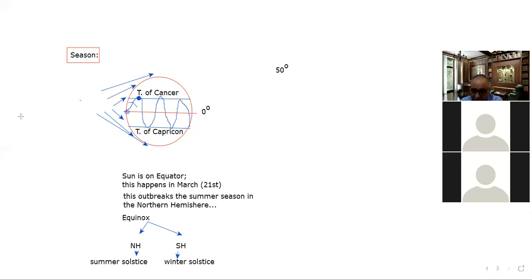First of all, let me write it here: sun on Tropic of Cancer on June 21st approximately. I think this point is clear to you.